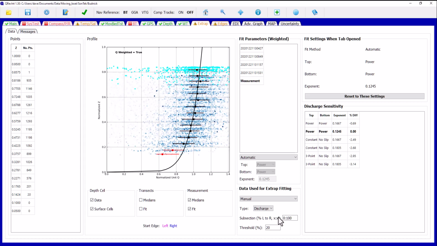So if we wanted to look at, say, the middle 80% of our discharge, we could type in 10:90, which says go from the left bank until you hit 10% of the discharge, ignore that data, go all the way over till you hit 90% of the discharge and ignore the rest of the data, so that we're looking at the middle 80% of our data.